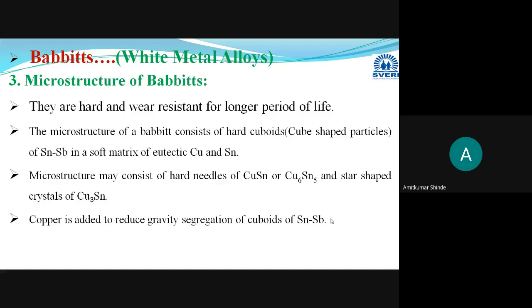These particles of SnSb, the cuboids of tin and antimony, will get segregated on the top surface of that bearing.